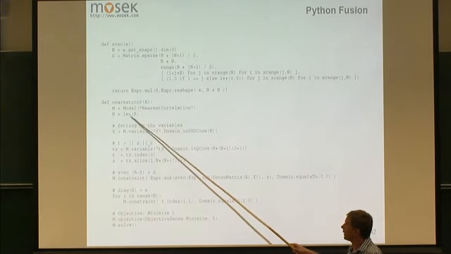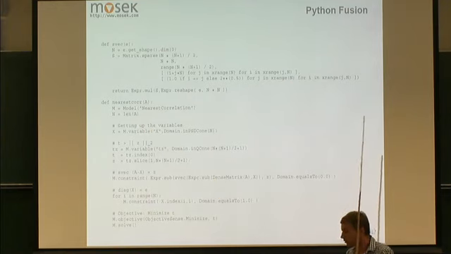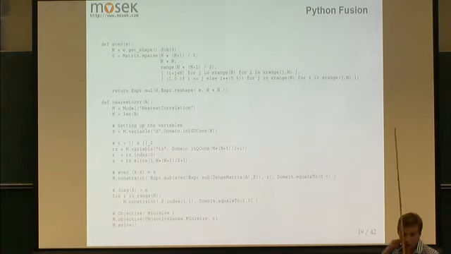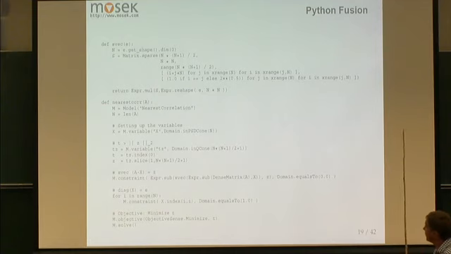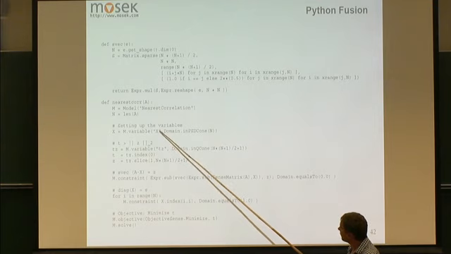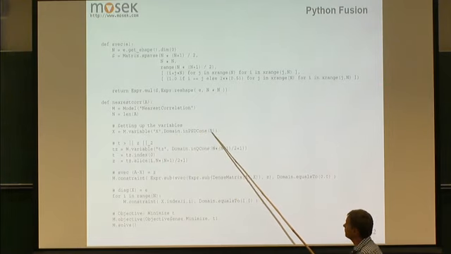Then I take the length of A. So remember, the matrix is encoded as a list of vectors, so n is essentially the dimension of the matrix. Then I define a variable x, and it has to be in the positive semi-definite cone of dimension n.